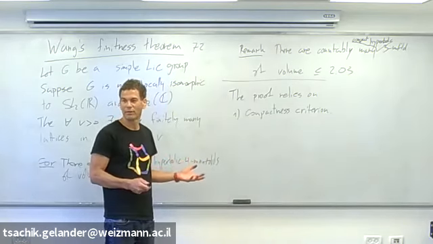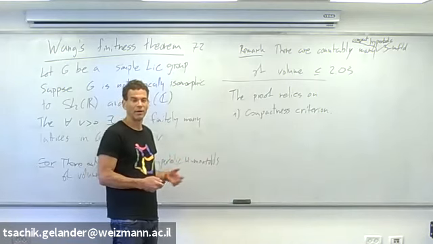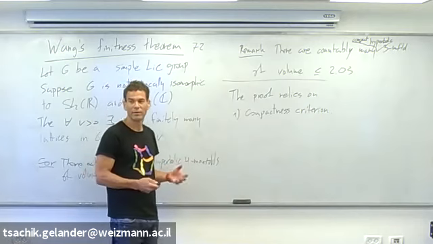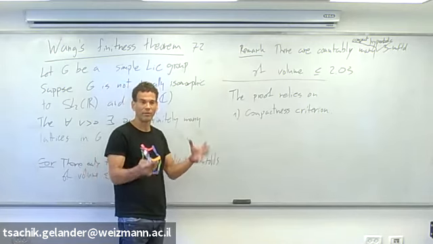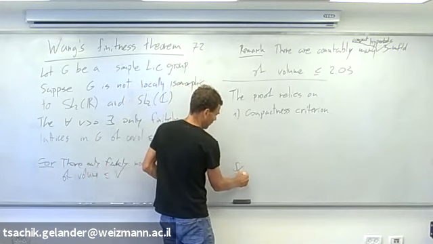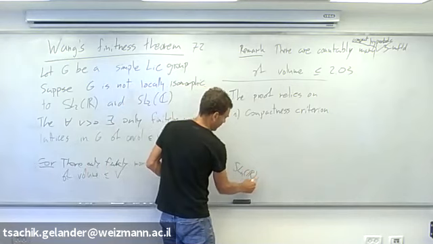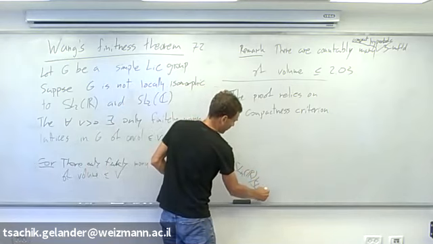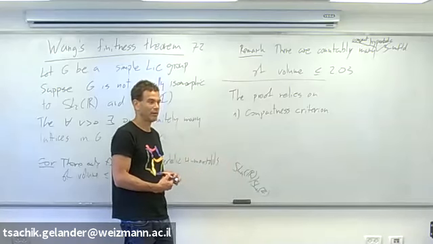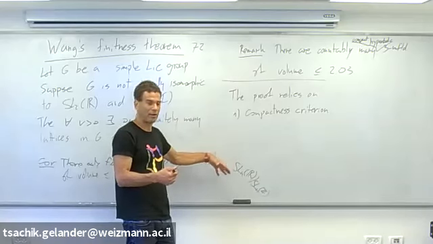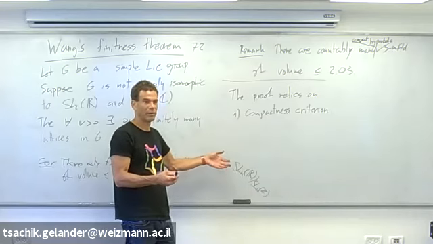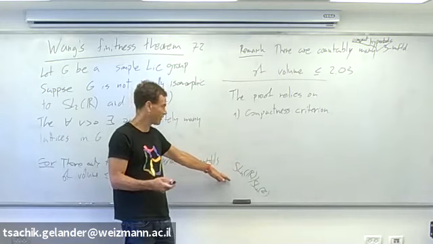The Mahler compactness criterion is about lattices in R^n. You consider the space of unimodular lattices in R^n, that is, lattices of covolume 1. You can actually think of it as the quotient SL_n(R) modulo SL_n(Z). You can see it as the space of all unimodular lattices in R^n, because SL_n(R) acts transitively on lattices in R^n, and SL_n(Z) is the stabilizer of the standard lattice.